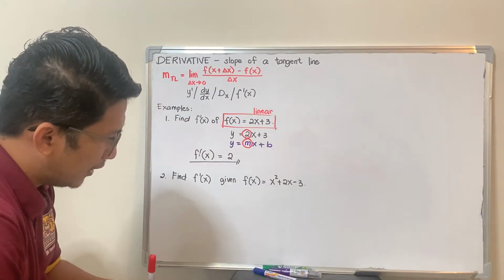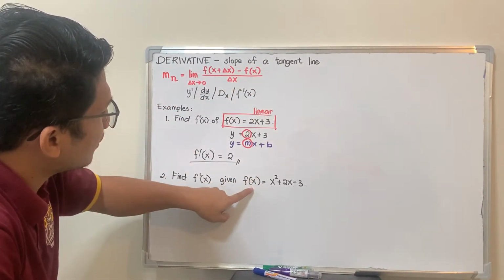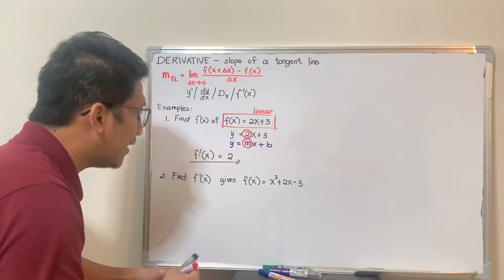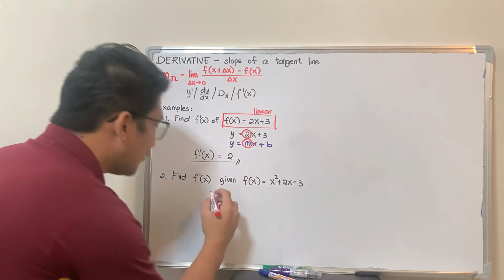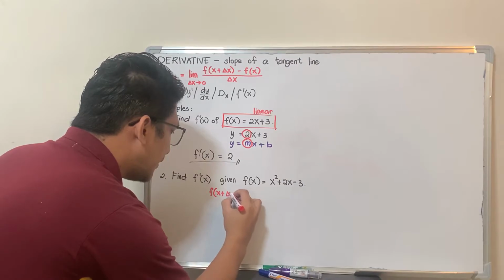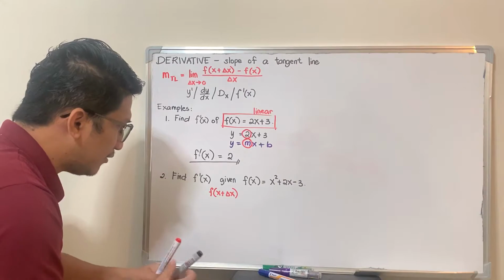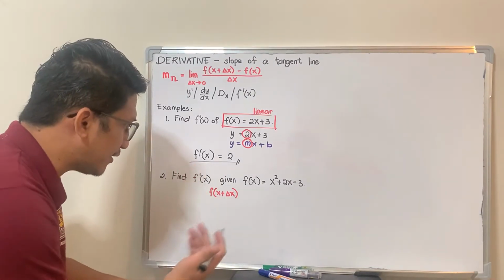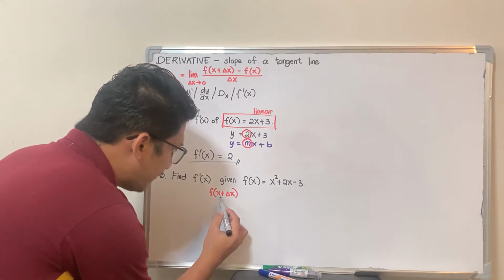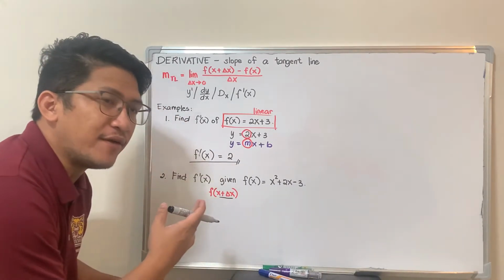First, you should identify f of x plus delta x. Let me explain. For those who do not yet fully get the concept behind these symbols: whatever is inside the parentheses is the value of the independent variable.